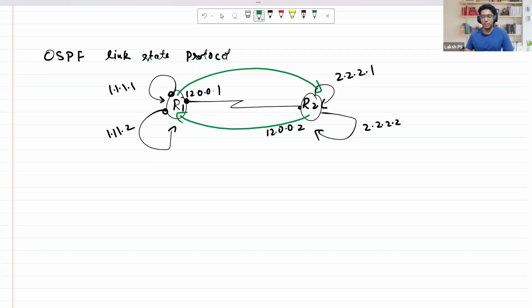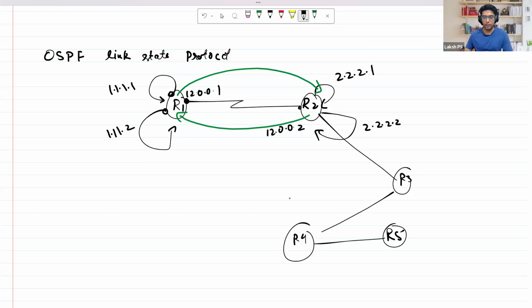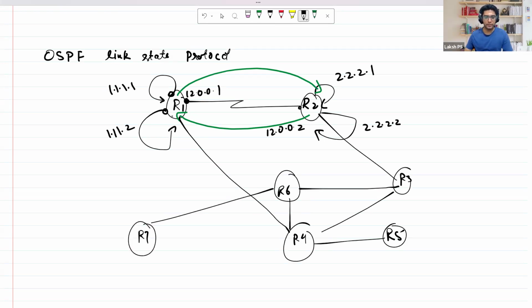It may not seem a big deal when you just have two routers. What if you have multiple routers? You have R3 connected, R4 connected, then R4 is connected to R5, R4 is also connected to R6, R4 is connected to R1, R6 is connected to, let's say, R3, R6 is then connected to R7, R7 is connected to R1, and R7 is connected to R4.